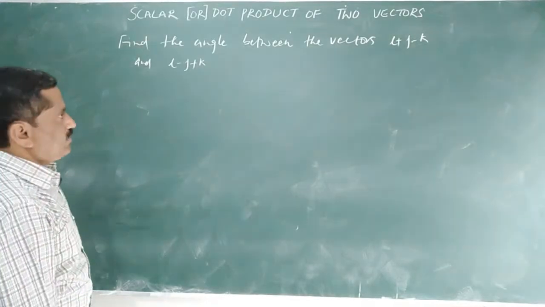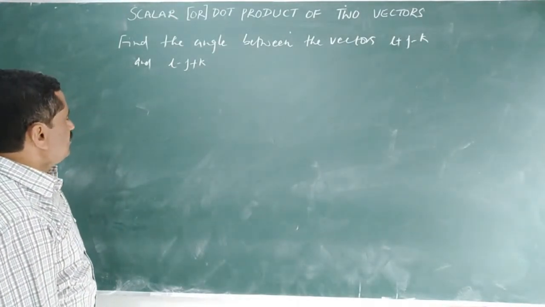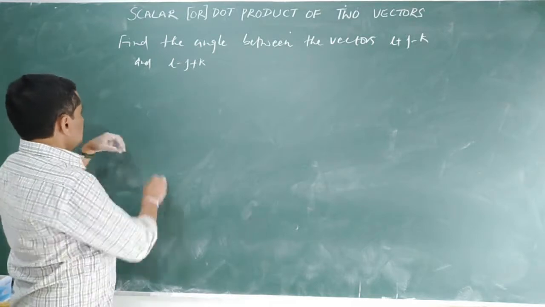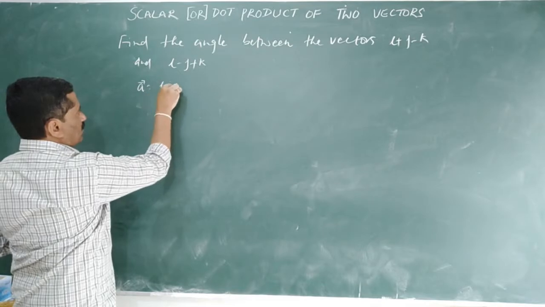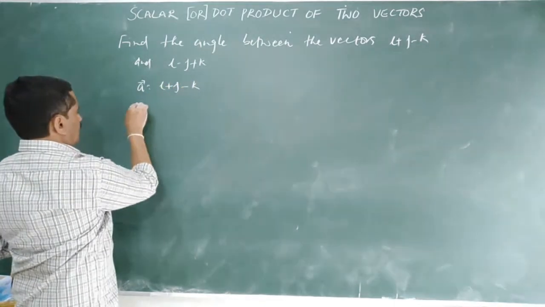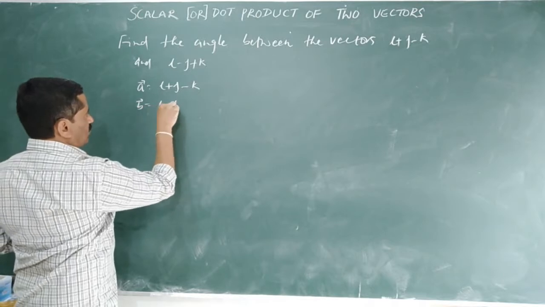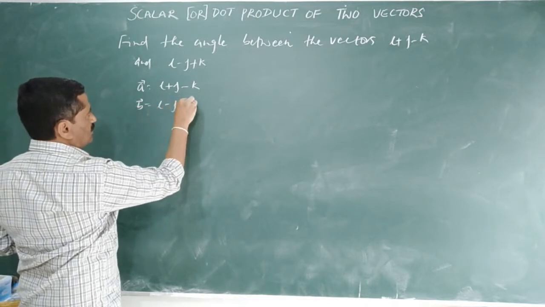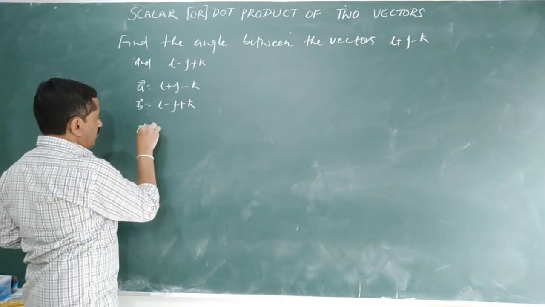Next, find the angle between the vectors i plus j minus k and i minus j plus k. So write the first vector as a bar, that is a bar is equal to i plus j minus k, and the second vector as b bar, that is b bar is equal to i minus j plus k. So now we need to find a bar dot b bar.